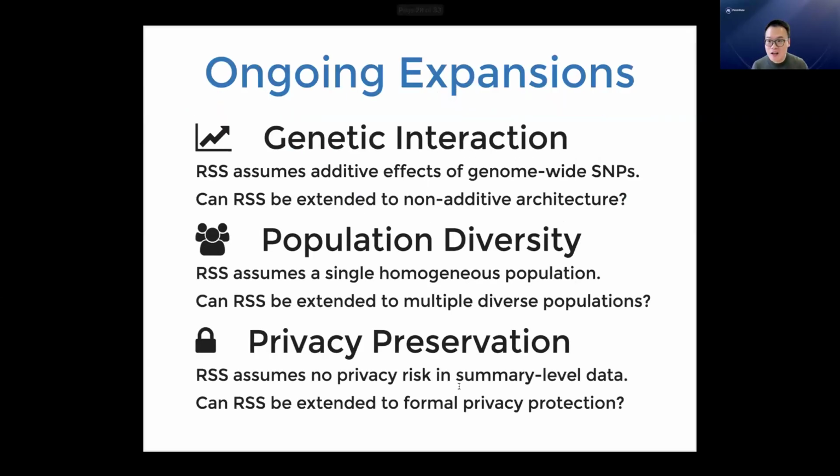But I do want to conclude today's talk with a brief overview of what I'm doing right now to expand this line of research in order to address the emergent challenges associated with this widely available summary data. There are 3 directions I'm actively pursuing: genetic interaction, population diversity, and privacy protection. But for the interest of time, I will just focus on genetic interaction.